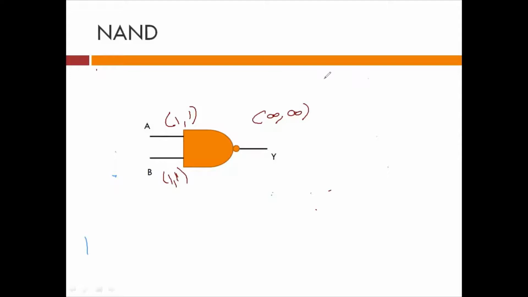Now first we will calculate CC0 at my output. You can write y as a subscript, or write y in parentheses. Either case it is your choice.